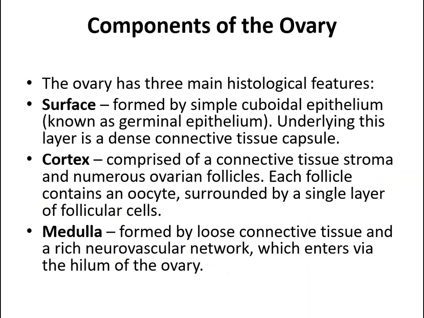Next, components of the ovary. The ovary mainly has two components, the cortex and medulla, but here there is one more component, the surface. The surface of the ovary is formed by simple cuboidal epithelium, known as the germinal epithelium. Underlying this layer is a dense connective tissue capsule, known as the cortex.